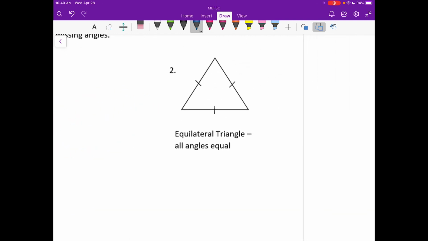Here, you're like, Miss Singh, you said you'd always give us two angles. What? I didn't give you two angles, but one thing you need to know is that if all the sides of a triangle are equal, all the angles are also equal. So let's label this as A, B, C again. I know angle A plus B plus C is all going to give me 180, right?